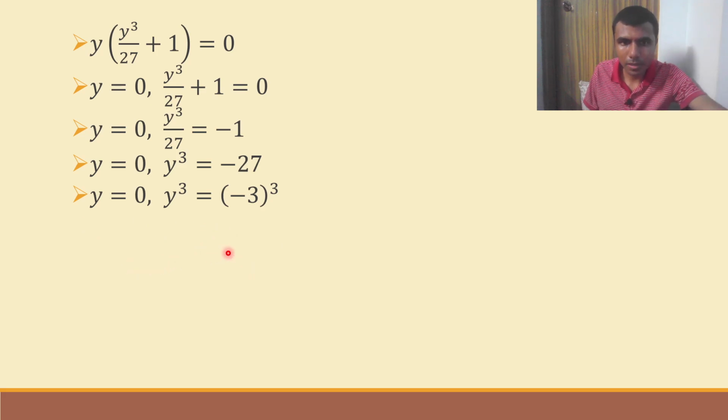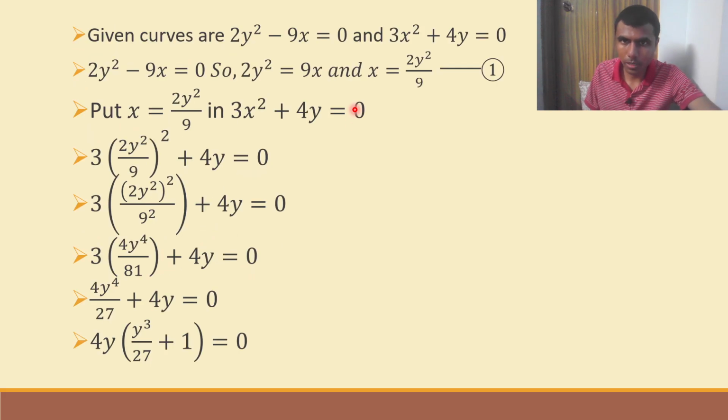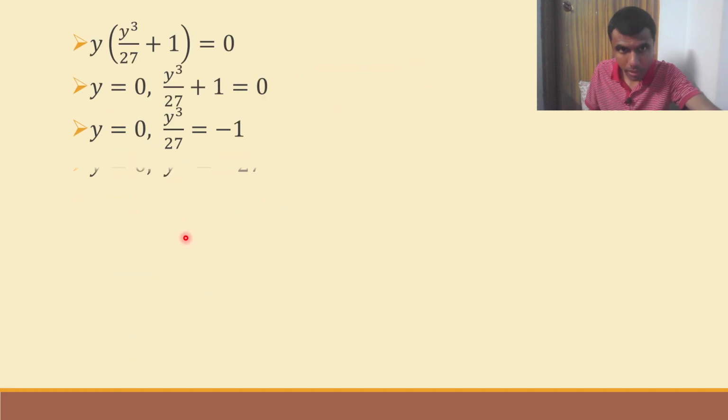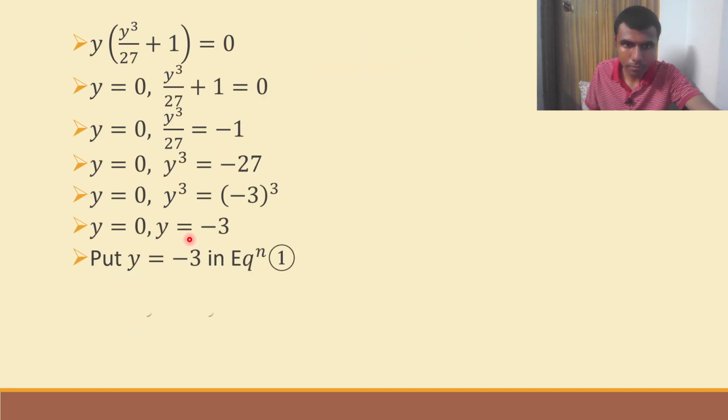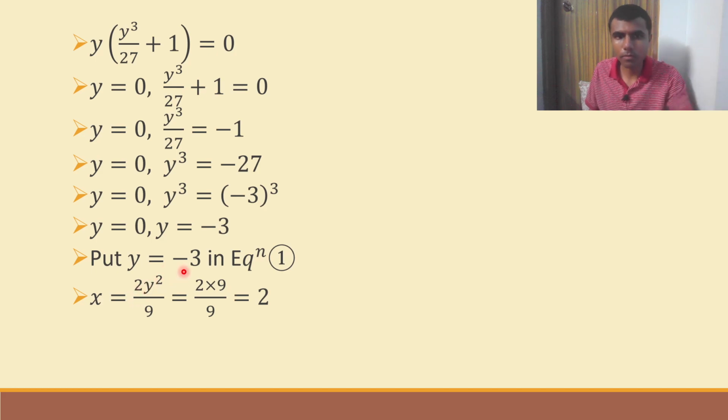This I marked as equation 1, if you guys remember. X equal to 2y square by 9. I found out y. I need to find out x also. So y is minus 3, so y square will be 9. So 2 into 9 by 9, 9 cancels, so 2. So my point is 2 comma minus 3.